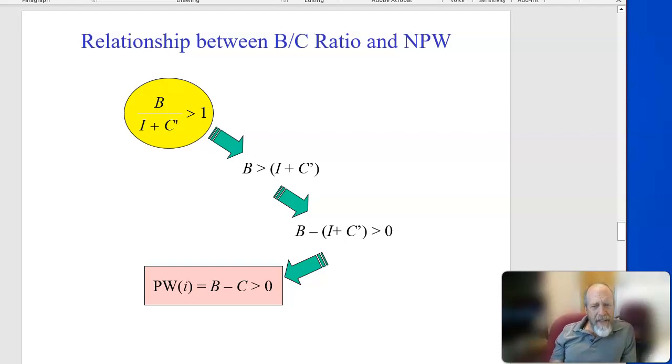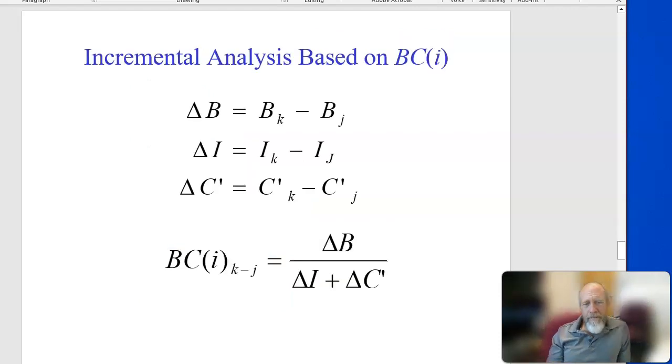Now, remember that last week, or the last module, where I talked about incremental analysis for evaluation of projects, where you subtracted the cost of one project from the cost of the other, the benefit of one project from the other, and then you looked at that and compared it to the MARR. Hey, guess what? It works perfectly well for benefit cost. You can use the same process. Look at the deltas.